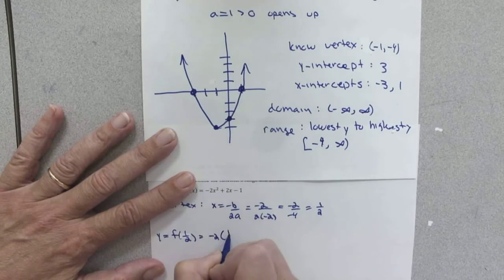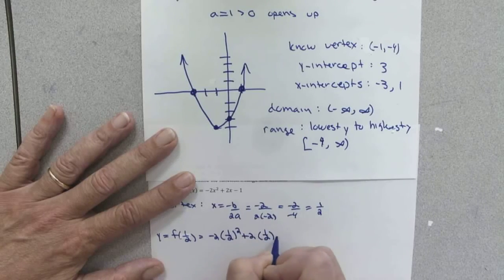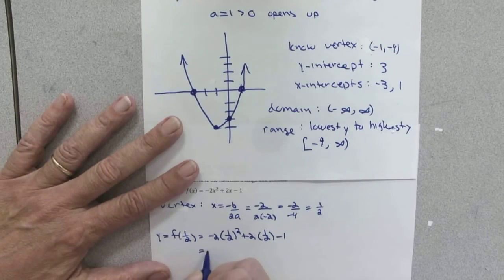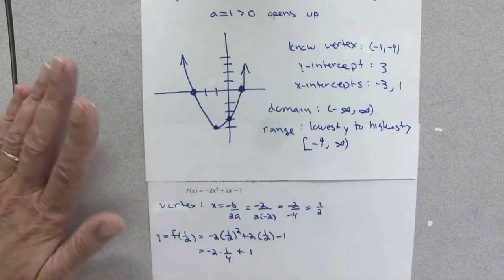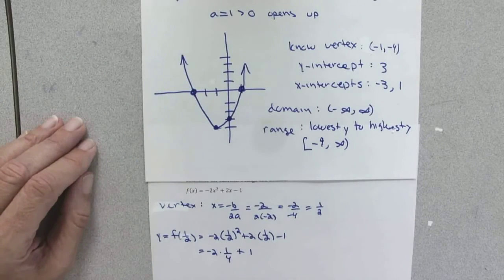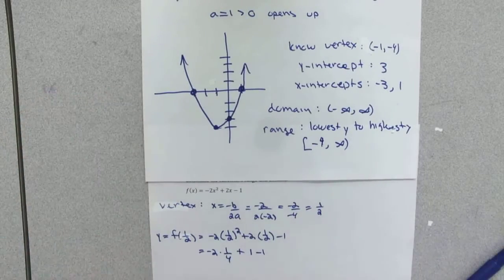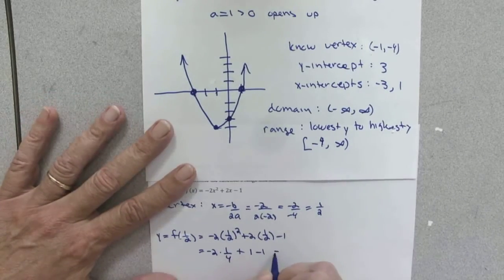And so negative 2 times 1/2 squared plus 2 times 1/2 minus 1. And yeah, sometimes you're going to have nasty little fractions, and you just have to deal with that. So it's going to be negative 2 times 1/4 plus 1. Negative 2 times 1/2 is 1. Minus 1. So the 1 minus 1 is going to go to 0.